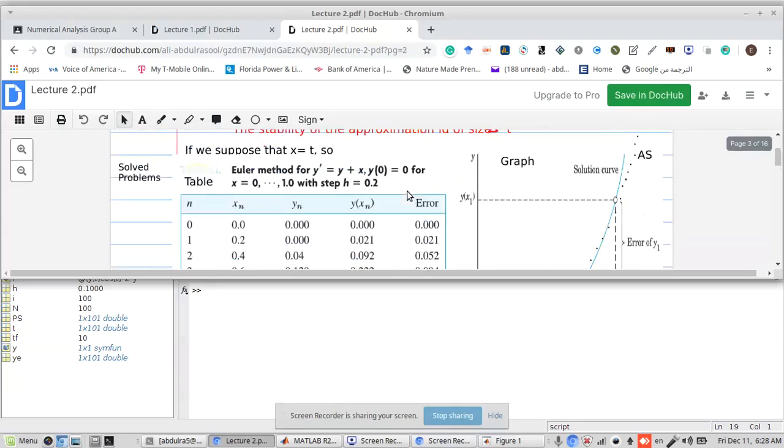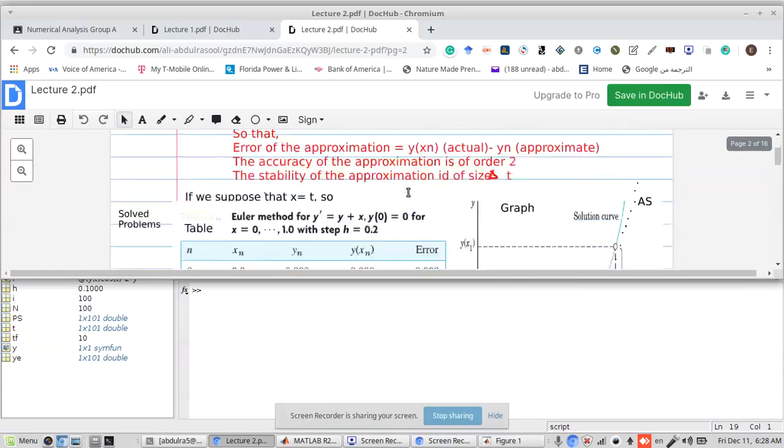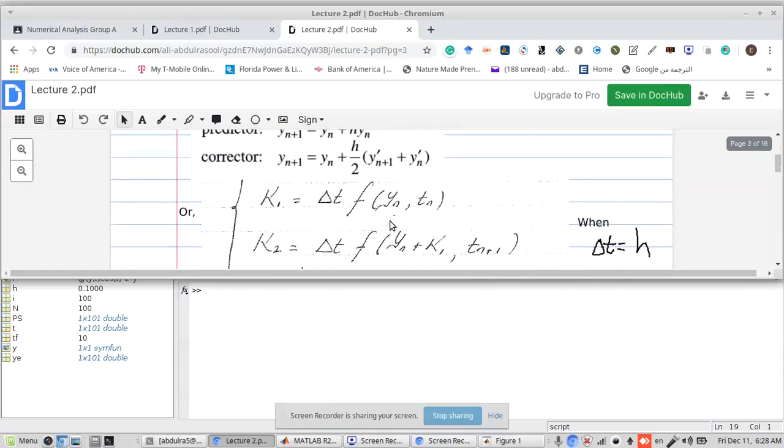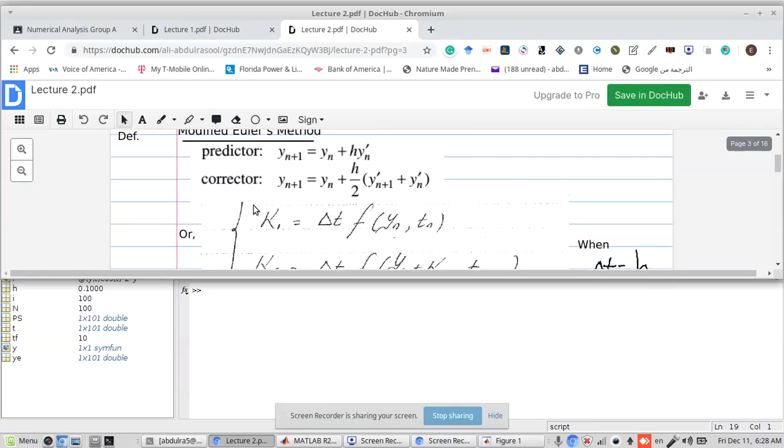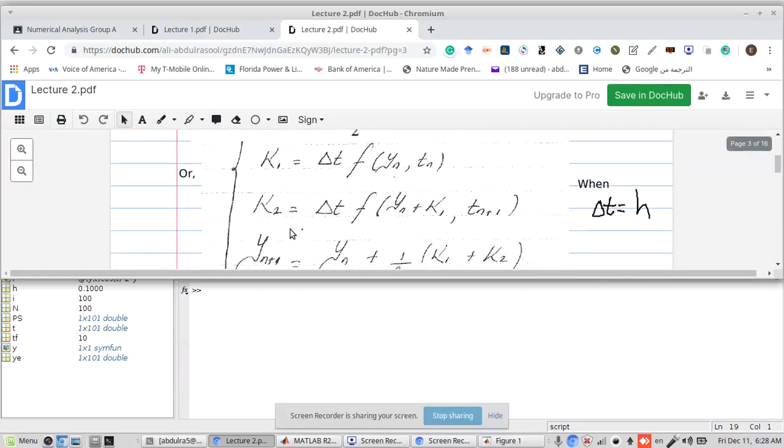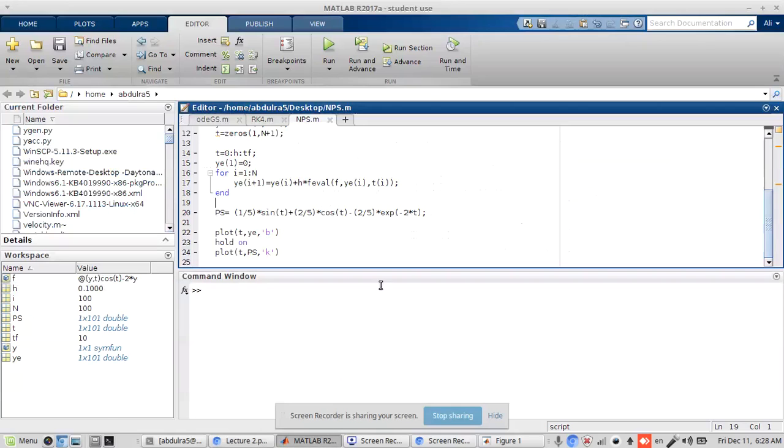For example, the modified Euler method has a predictor and a corrector, so K1, K2. This is the form.